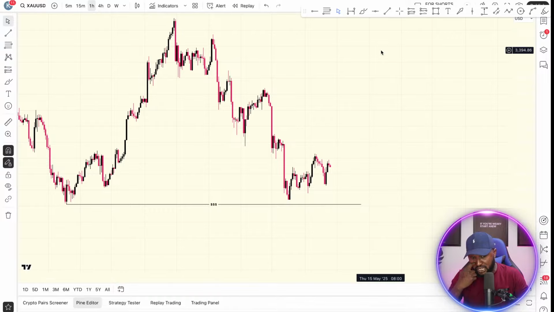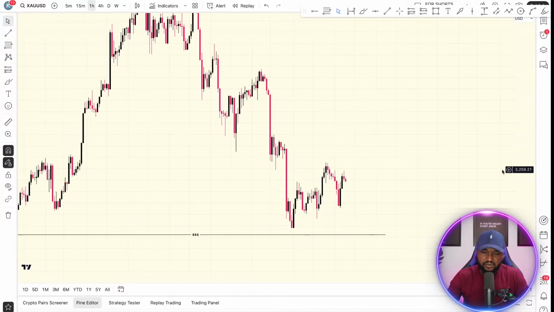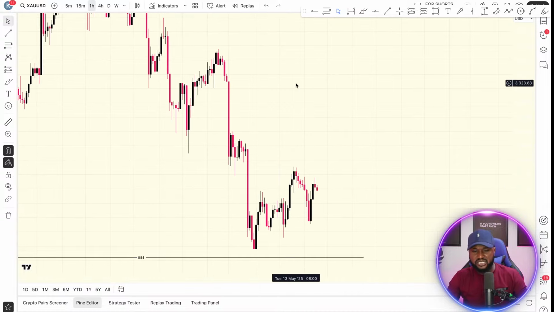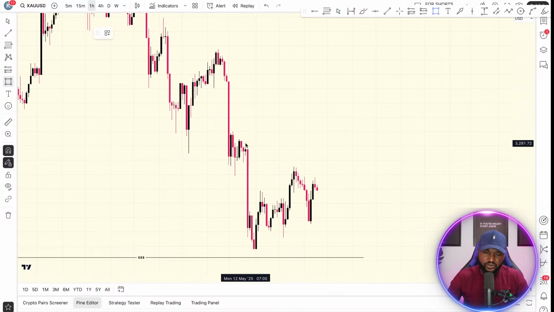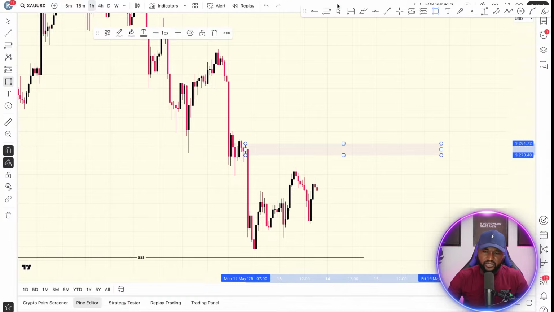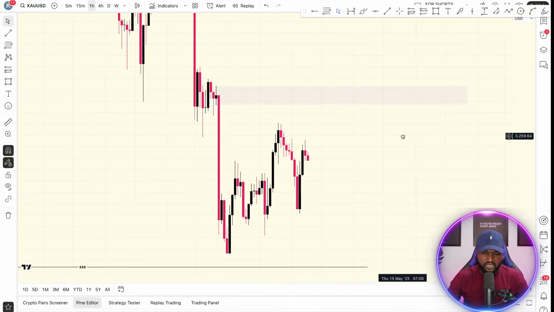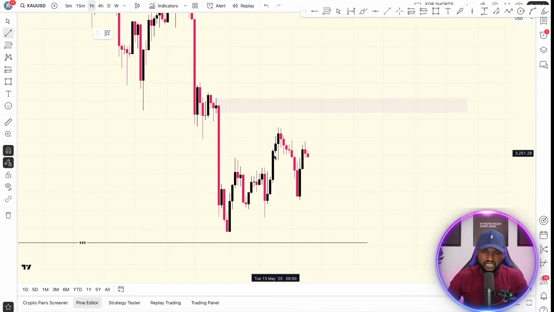And earlier today, I was actually looking at this and I was expecting price, because I was seeing price trading back into this bearish order block. Earlier today, I saw price did something like this as a counter trade coming in.